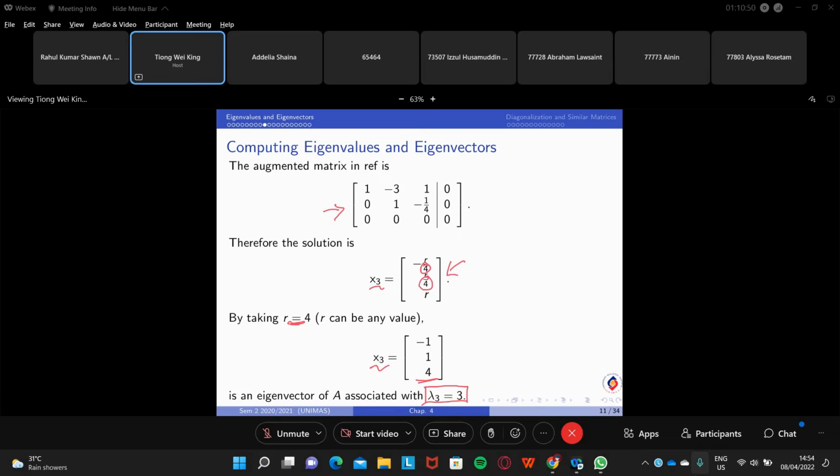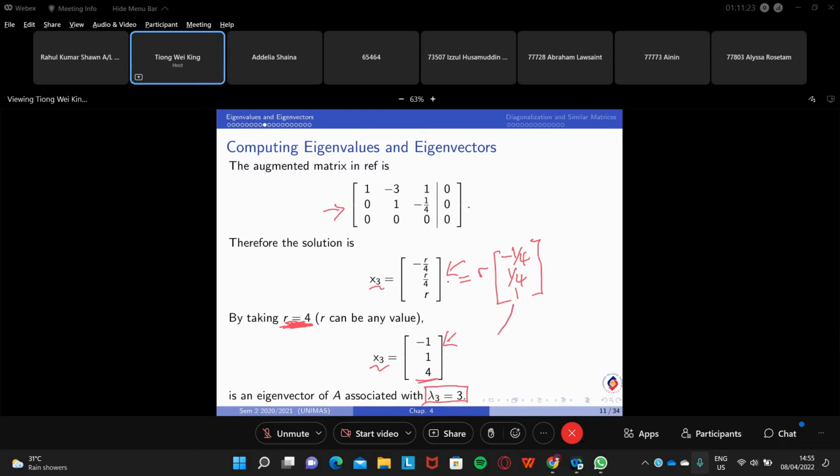Now, another way for us to do this: if you don't know what R to choose, and you don't care about your eigenvector form, meaning a fraction is okay for you, what you do is factorize R out from here. So factorizing R, you have minus 1 over 4, 1 over 4, 1.